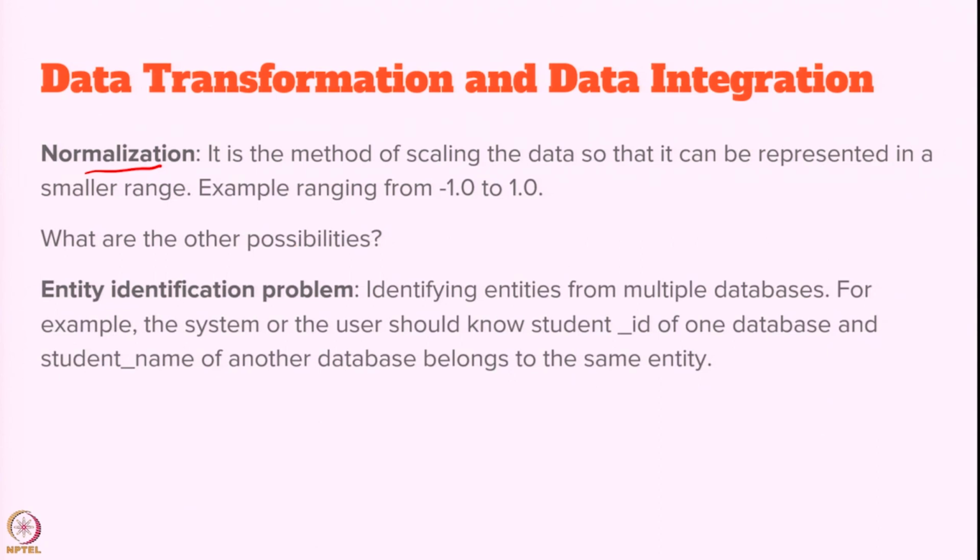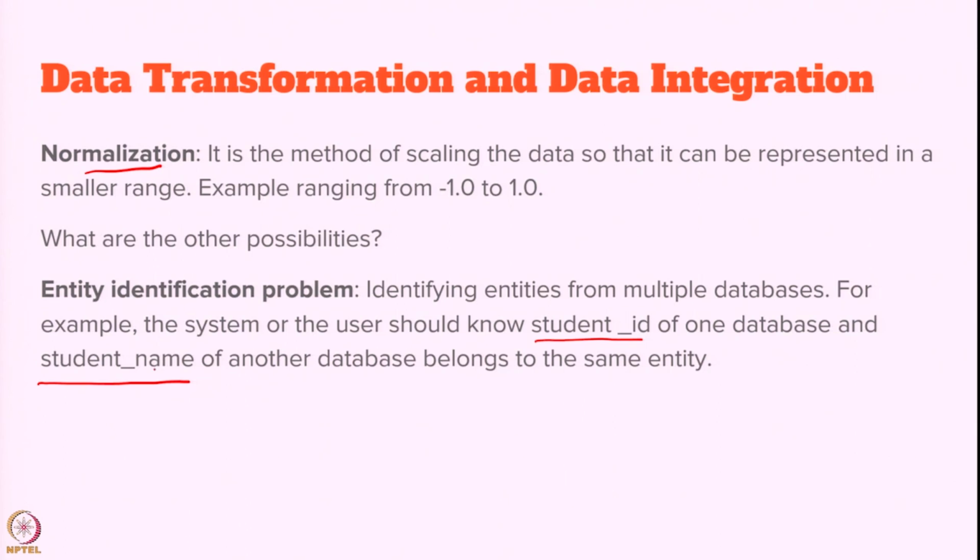Now we will see what is data integration. Data integration is you are having data from different data sets. This is one of the simple examples where we have data from different databases, and then how to integrate in such a way that same information is actually there in the collective data set. The collective data set also conveys the same information which is there in the different set of databases. For example, you want to understand the student ID from one database and you want to take the student name from another data set.